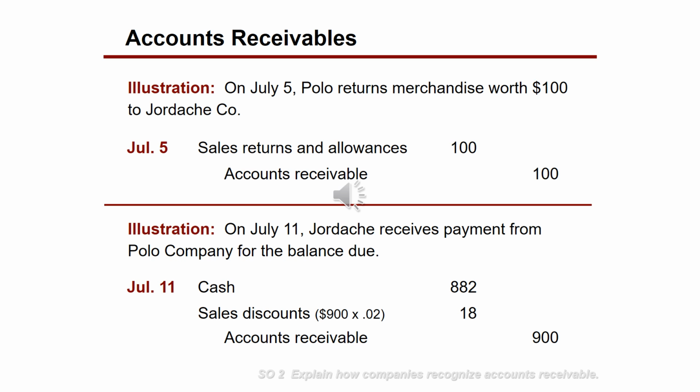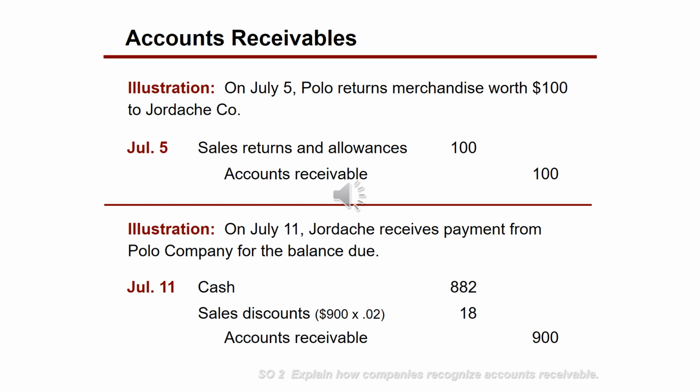So we're gonna simply record a debit to sales returns and allowances for $100 and a credit to accounts receivable of $100 since we want to reduce the amount that we are going to ask this customer, in this case Polo Company, to pay us in the future, right?